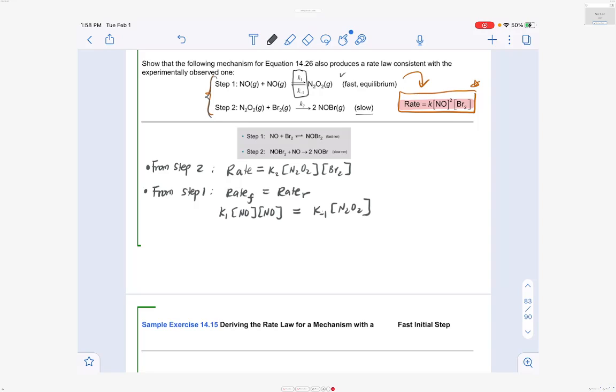So then if you go back to the rate equation, we have N2O2. And from here, it looks like N2O2 is an intermediate.